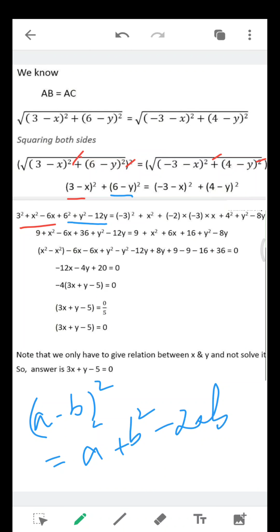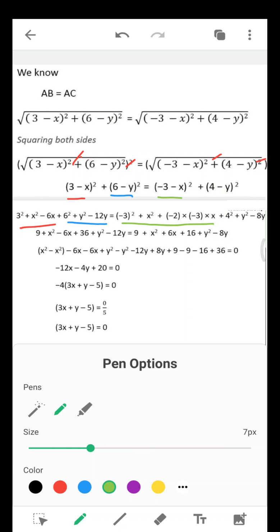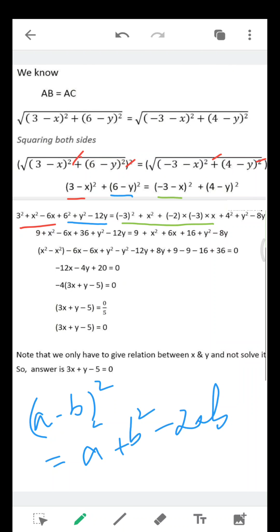This is the formula used. For the next one on the right hand side, minus 3 minus x, we'll get these 3 terms. And the last one is 4 minus y, so we get these 3 terms. When I expand all this, we'll get the next step.